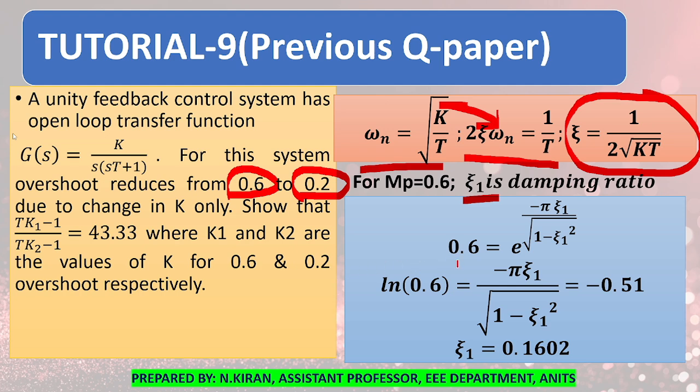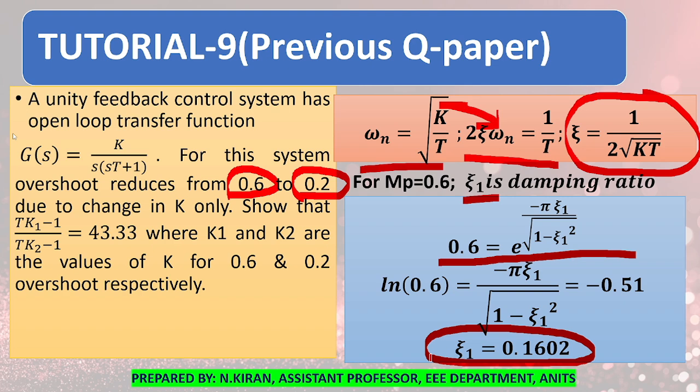So 0.6 is equal to e power minus pi zeta 1 divided by root over 1 minus zeta 1 square. Taking natural logarithm on both sides gives the value of zeta 1 as 0.1602.